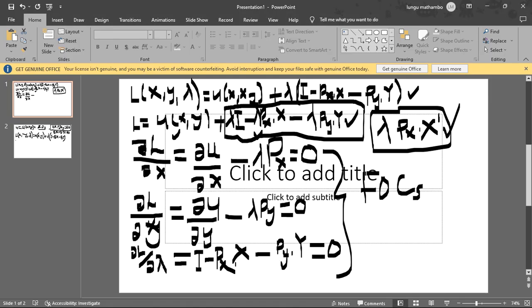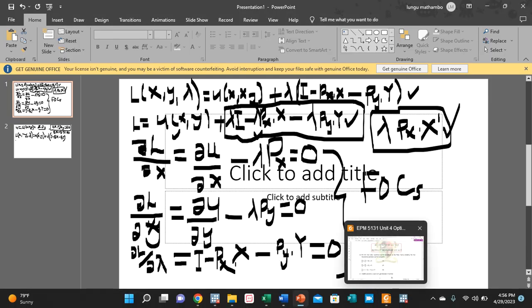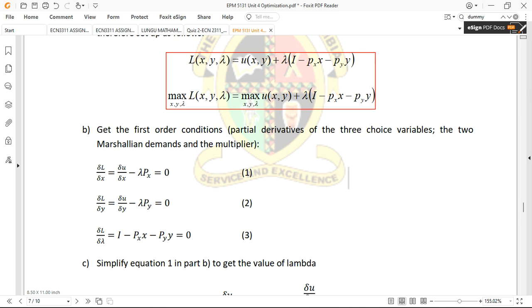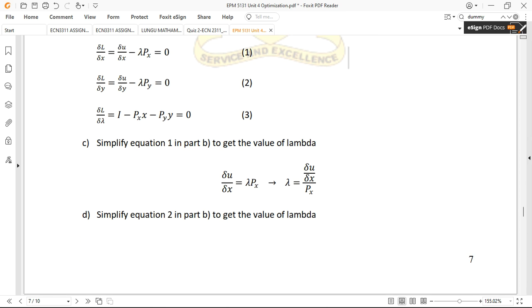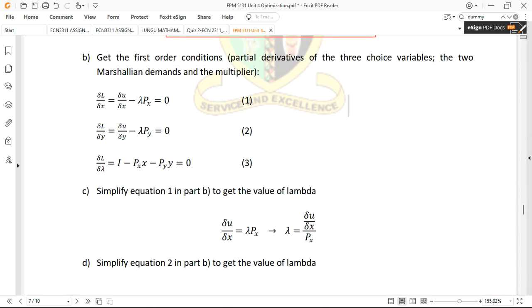Let's go back to the notes and see what's there. As I've said, the next step is to simplify the equations. The moment you get the first order conditions from each function, from equation 1 you make lambda the subject of the formula.